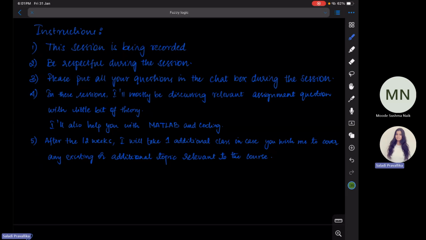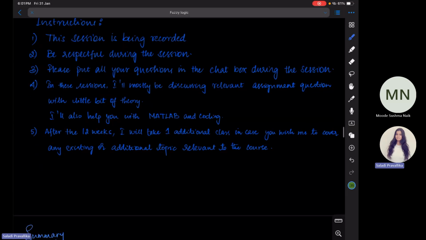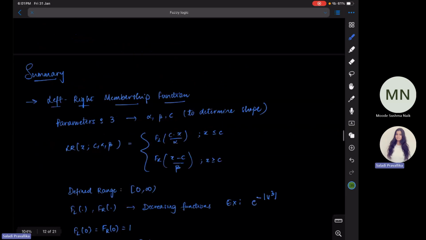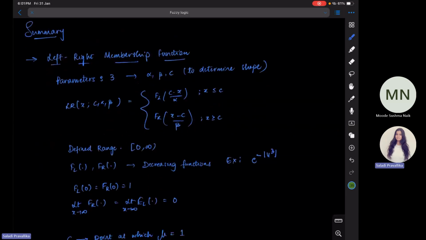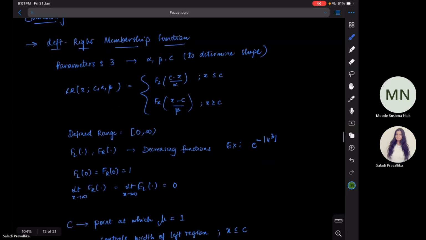So for this week's summary, we have started with left-right membership functions, where we have three parameters which determine the shape of the membership function. These parameters are alpha, beta, and gamma.